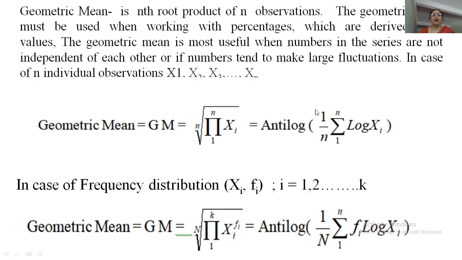Now, the second type of average, which is of computational type, is called the geometric mean. Actually, we have this definition from long back in the 11th standard. So, if we have n observations x1, x2, xn, geometric mean is the nth root of the product of n observations. Geometric mean is very important in order to average rates.